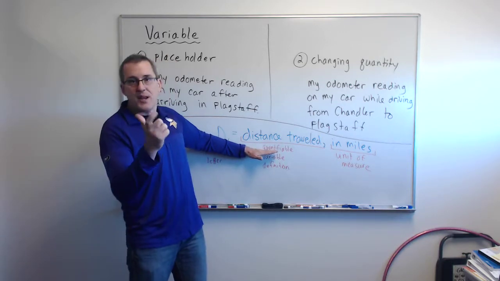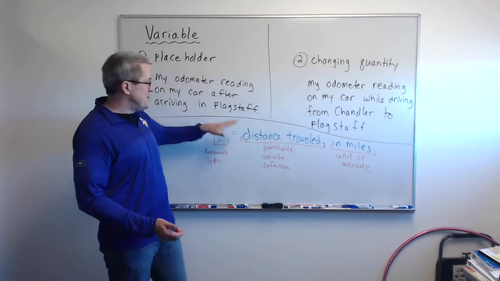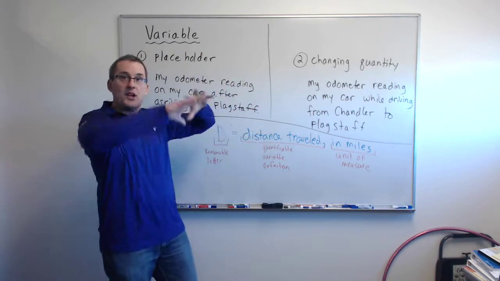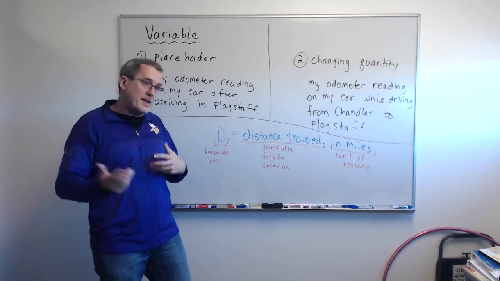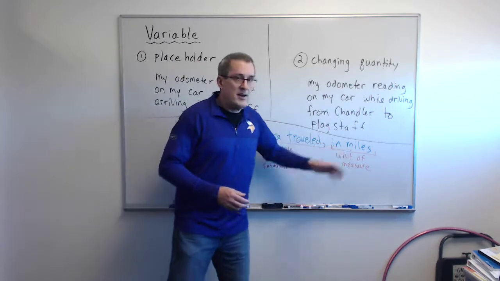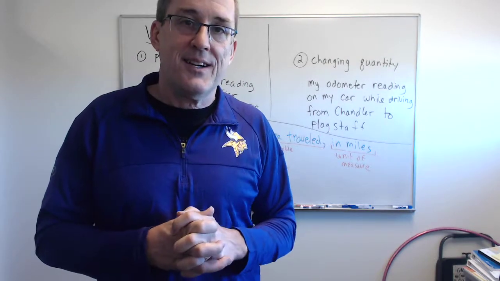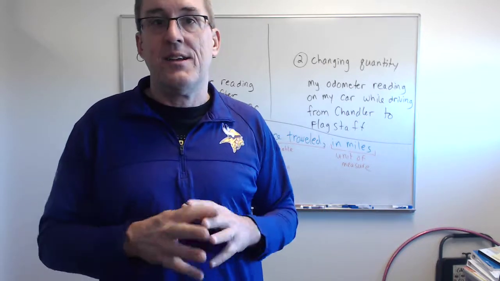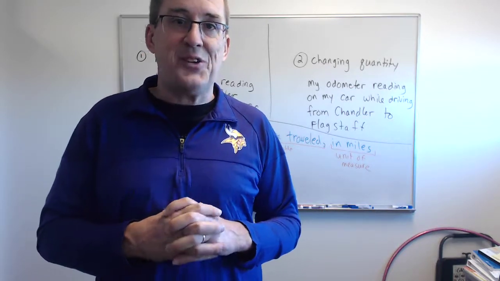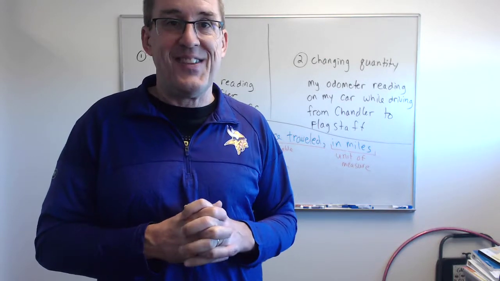Write out just a brief summary, you don't need the full explanation, but just distance traveled. So in the context that I'm working with, it would be clear that D is a distance traveled to Flagstaff, and then a unit of measure that defines that. So that's the focus of the idea of variable that is going to set a foundation that's going to help us through the algebraic structure situation that we find ourselves in here in this module.